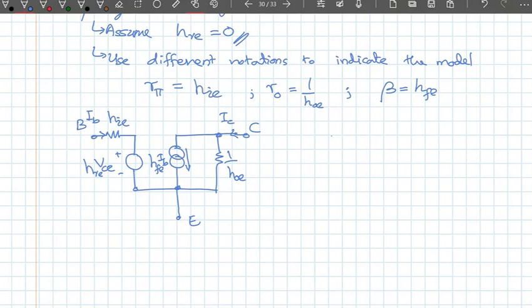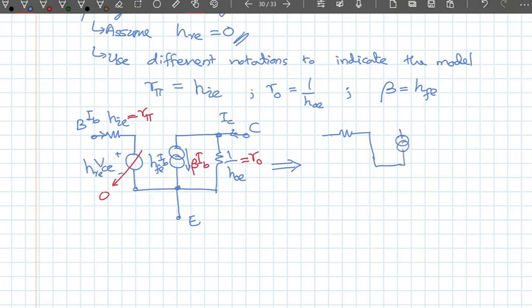We can convert this model into our new model with just 3 parameters by eliminating this HRE term. So HRE is equal to 0, so that we can get rid of this dependent voltage source. HIE is now R pi. Instead of 1 over HOE we put R out, and instead of HFE we use beta. So the new circuit looks like this.